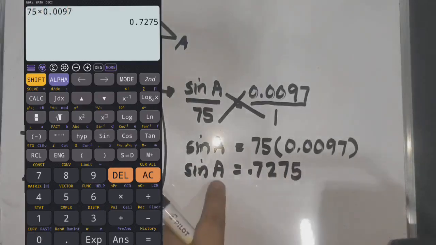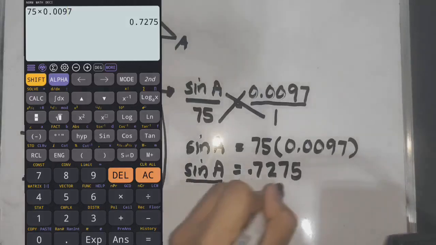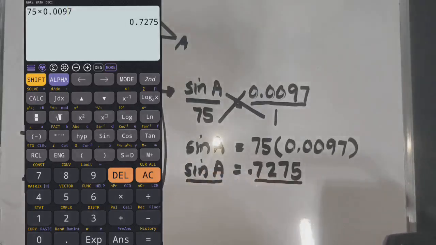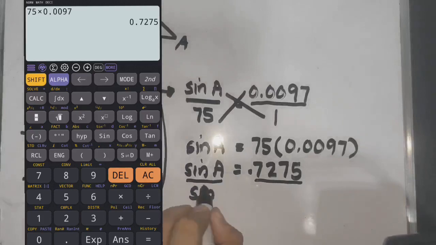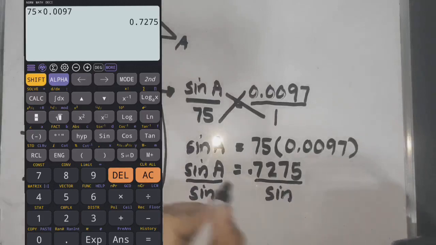Then, dahil angle A yung hinahanap natin, divide natin kung ano yung katabi ng angle A. So, ang katabi ng angle A is sine. So, divide natin by sine. So, para ma-cancel natin yung sine, then matitira na lang is angle A.